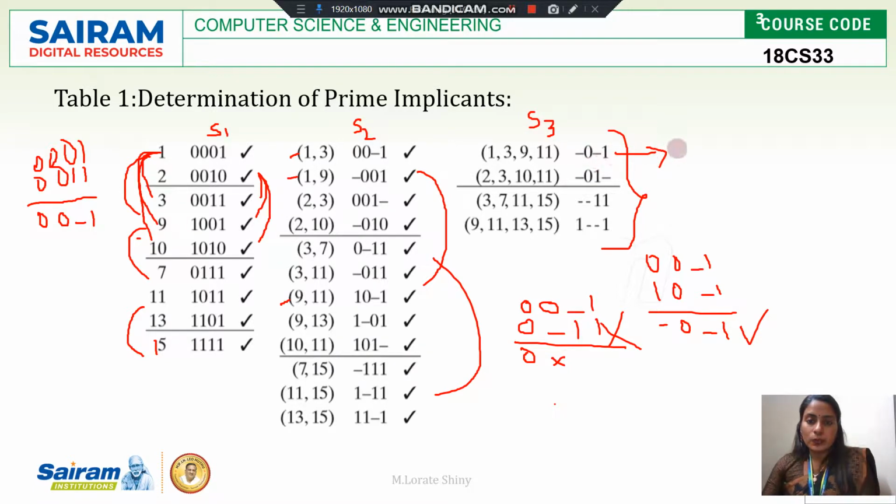B term is 0, so this is B bar, and C is also not there, this is D. Now this is A is not there, B bar and C, this is C and D, this one A and D. So these are the prime implicants, these are the min terms.